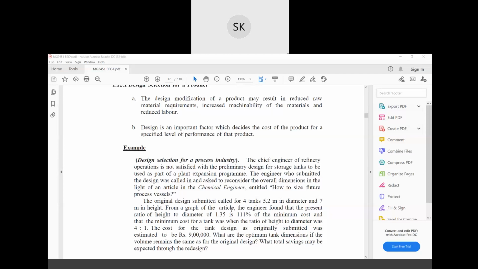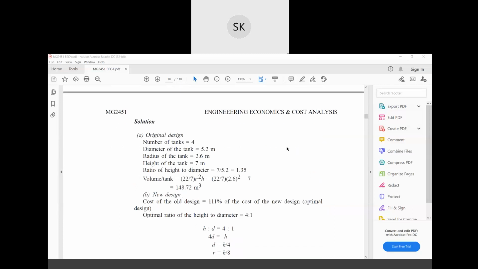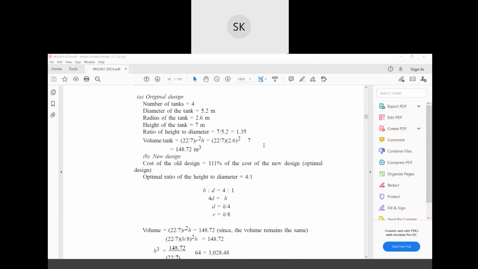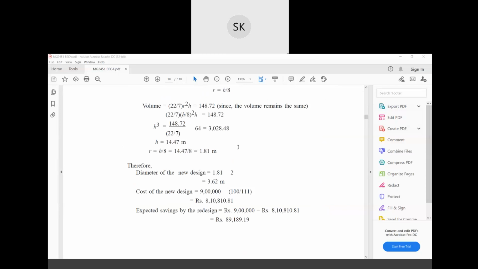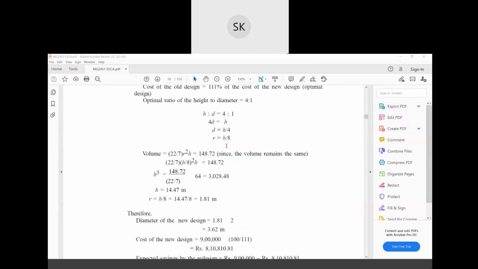So if you reduce the ratio, or suppose the diameter and height, you can get the cost of one tank less, right? So you have to take the design also as a factor to decrease the cost. Okay, so I'll share this. Go through this, you'll understand. Nothing more complicated to understand this. Okay, go through this.